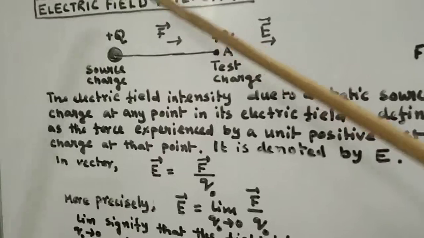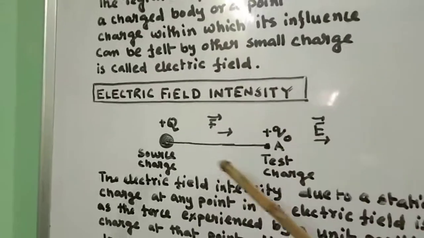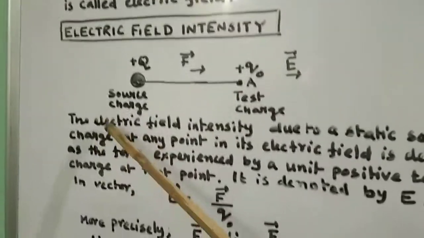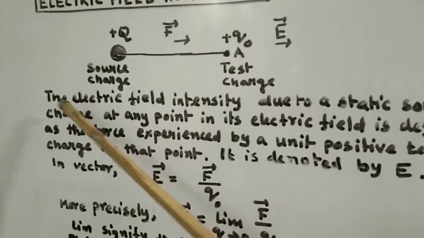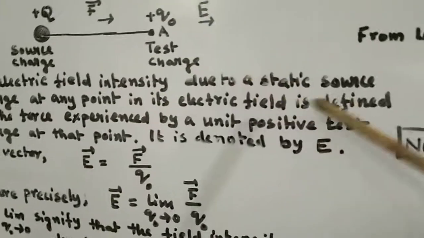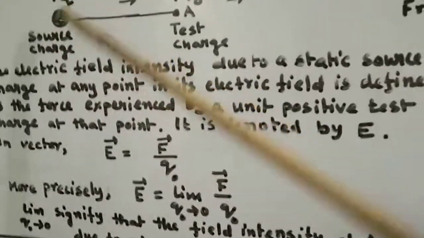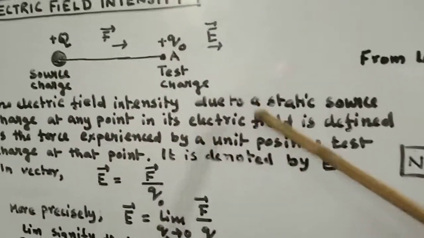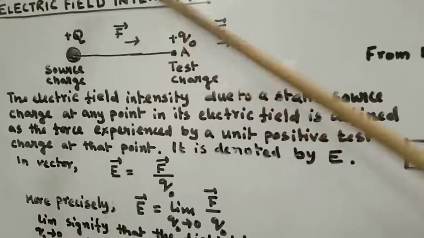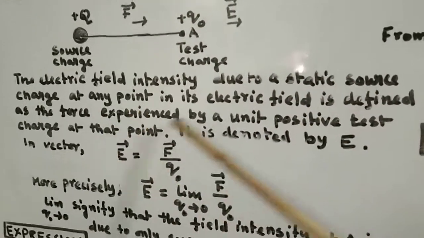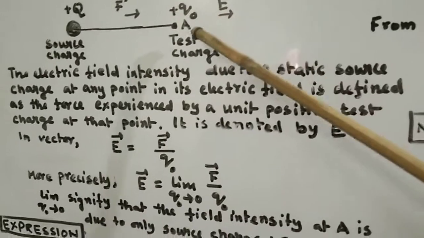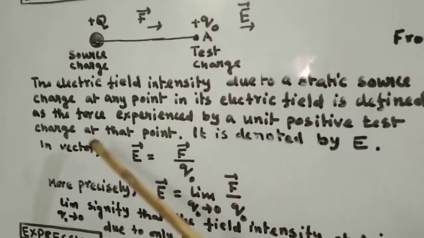As we are trying to define electric field intensity, we'll go to the expression first of all. Statement basically: the electric field intensity due to a static source charge at any point in its electric field, A is a point within the electric field, is defined as the force experienced by a unit positive test charge at that point.